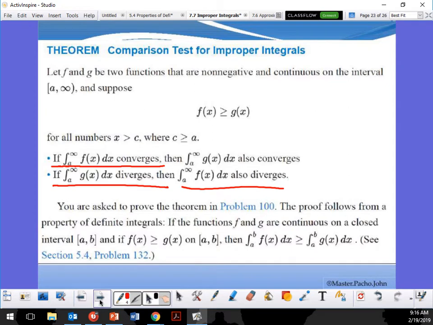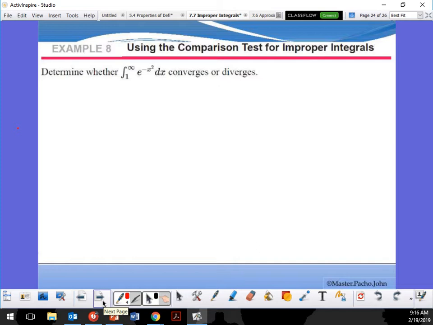Okay, so now here's what it means. Since this is an improper integral, I'm going to say that negative x squared is less than or equal to... Oh, sorry. No, too soon.